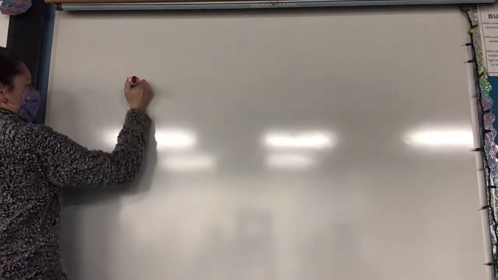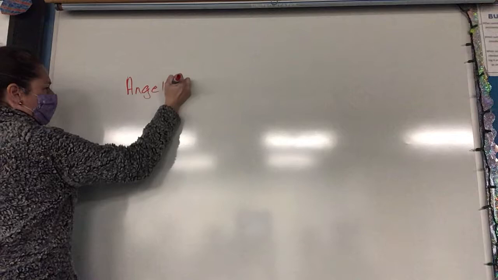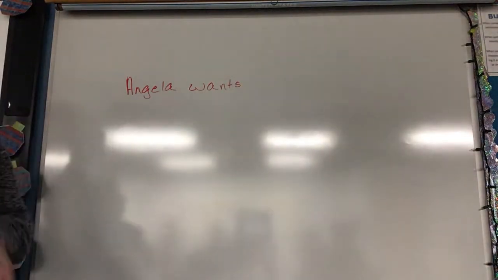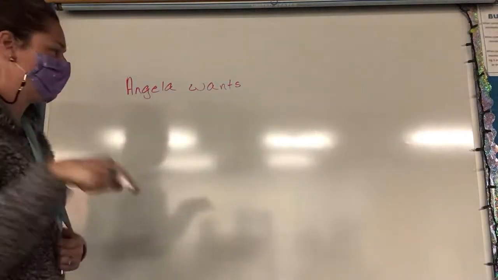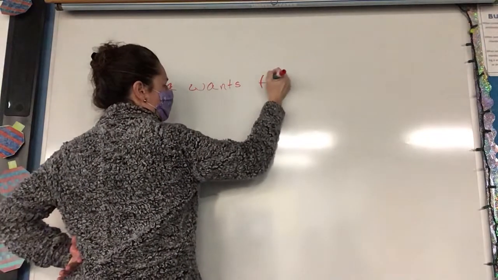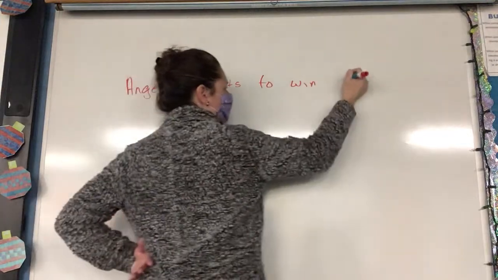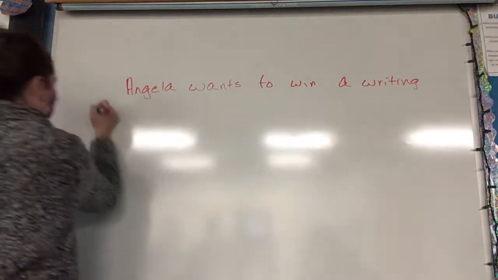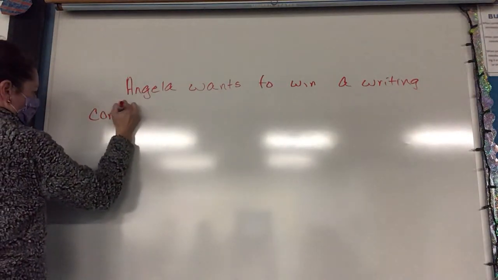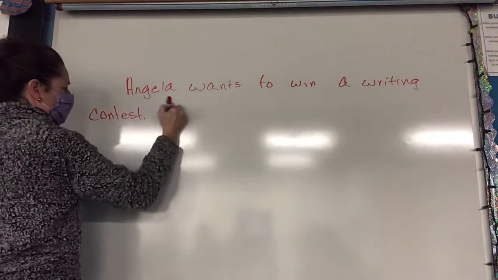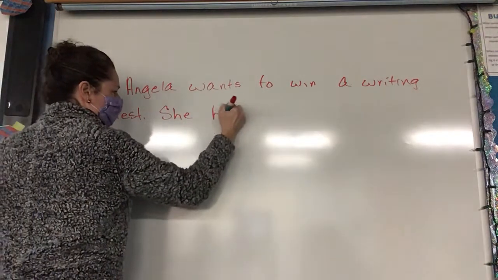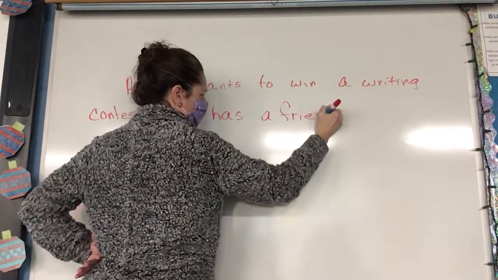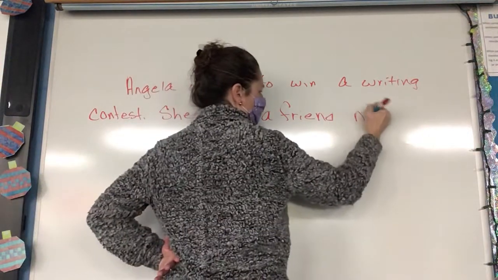So, Angela wants... Where do we write? You can write it on the... Well, you guys are in your notebook. Yeah. So at the bottom, we have room on the back side. Angela wants to win a writing contest. She has a friend named Peter, right?